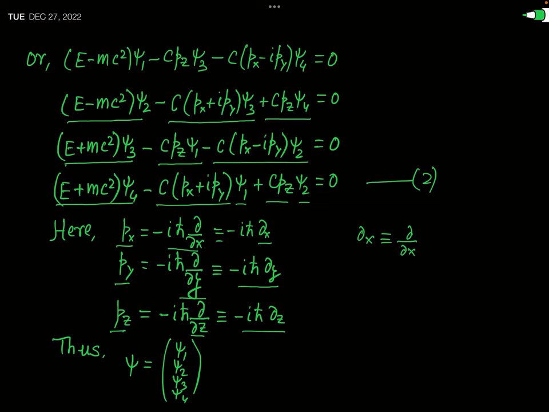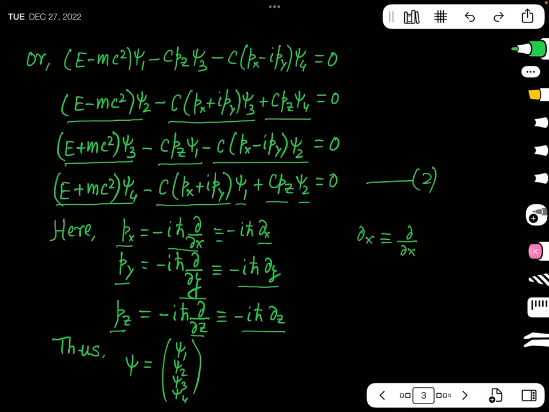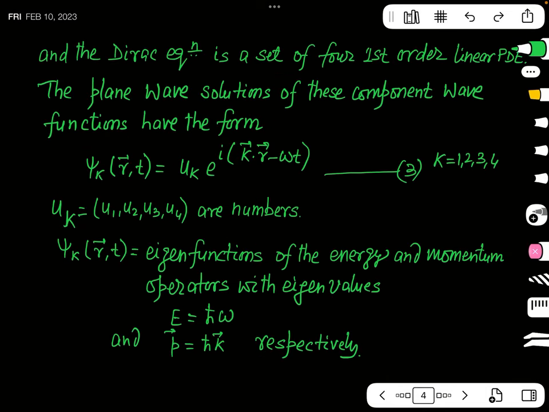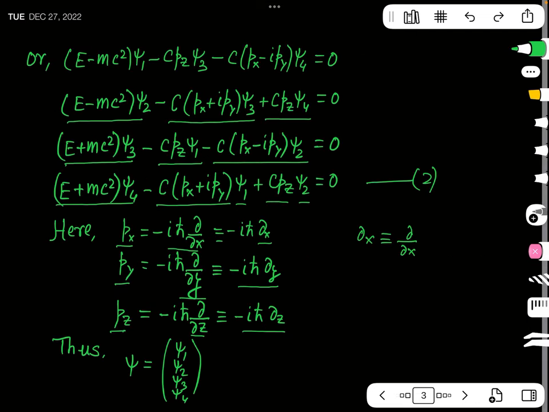And the Dirac equation, in this case you can see, is just a set of 4 first order linear partial differential equations, okay. Now, as I have told you, in this lecture our aim is to find the plane wave solution of this very equation.